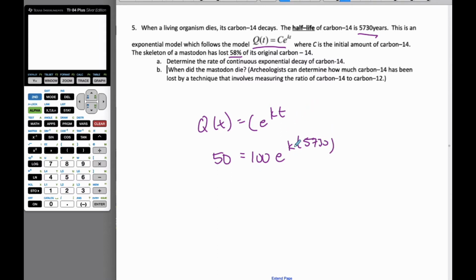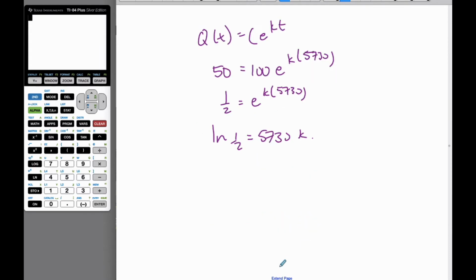And so when I solve for k, I'm going to divide by 100, which will be 1/2, equals e to the k times 5730. And so now, solving for k, I take the natural logarithm, and I get 5730 times k.